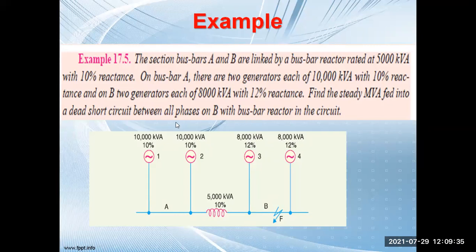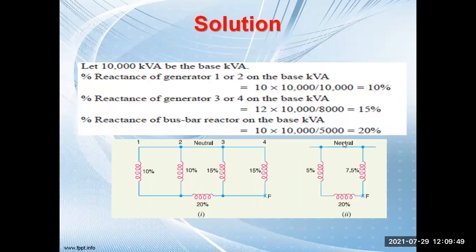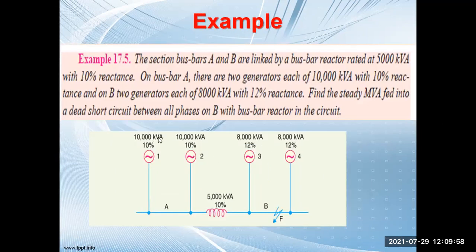Find the steady MVA fed to a dead short circuit between all phases on B with the busbar reactor in the circuit. So a fault has occurred here, and we need to calculate the fault MVA. First we assume the base kVA: 10,000 kVA is the base. For the two generators of 10,000 kVA there will not be any change, so that will be 10%.